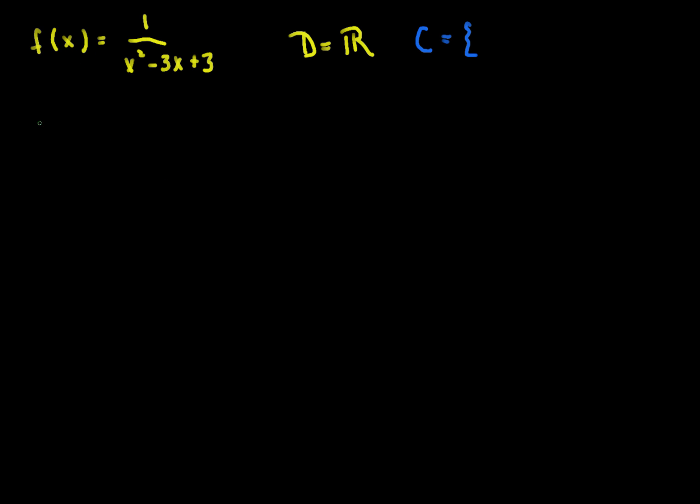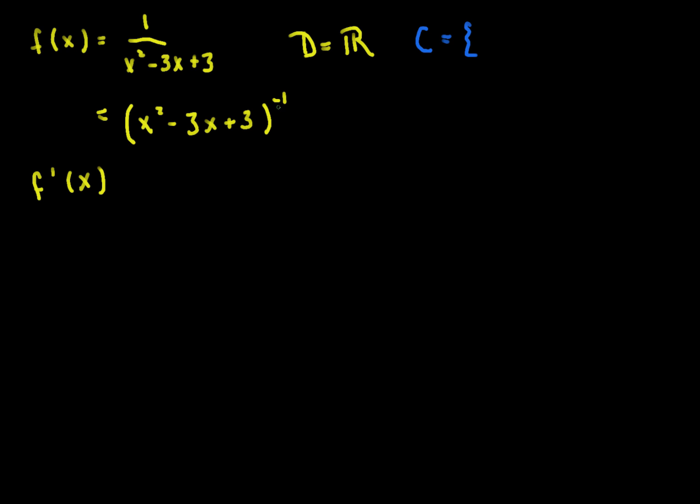Since I'm going to take derivatives, I think it's easier to think of this as x squared minus 3x plus 3 raised to the minus 1. Then f prime will be the derivative of the interior.